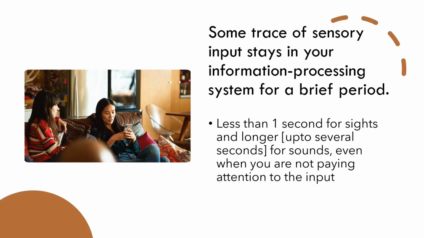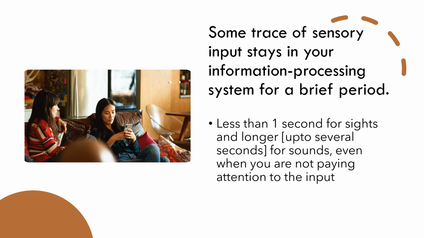For example, when a companion says, "You're not listening to me," you can still hear those words and a few words of the previous sentence for a brief time after they are spoken. Thus, you can answer falsely, "I was listening, you said this and this." And you can repeat your annoyed companion's last few words, even though in truth you weren't listening when the words were uttered.